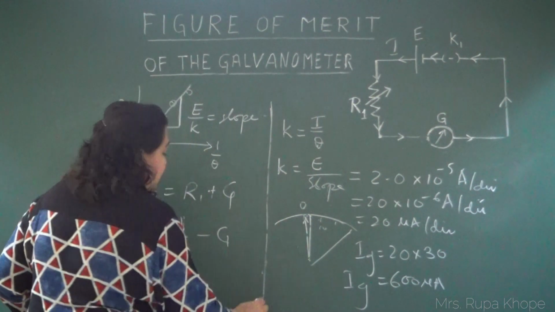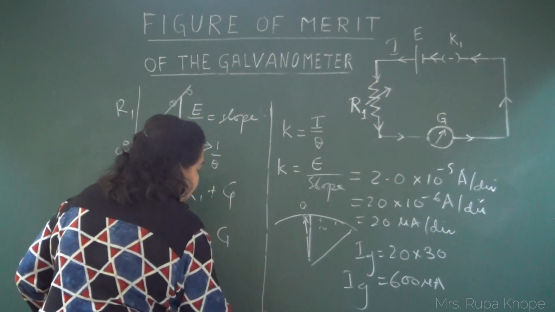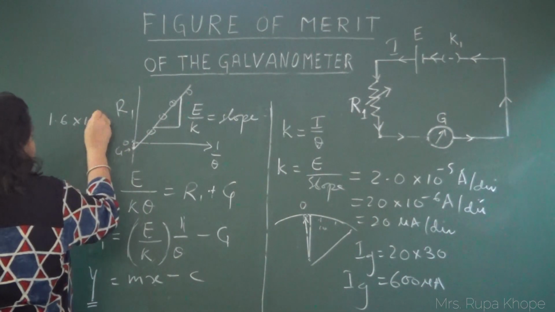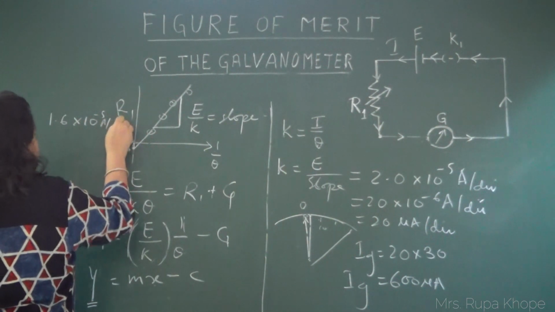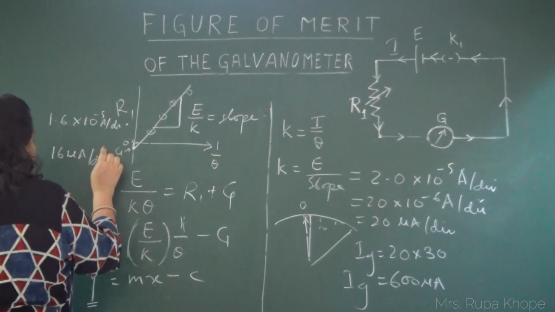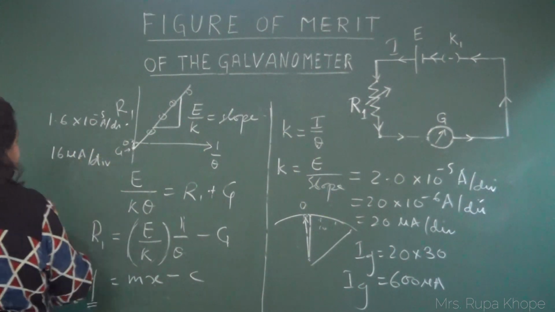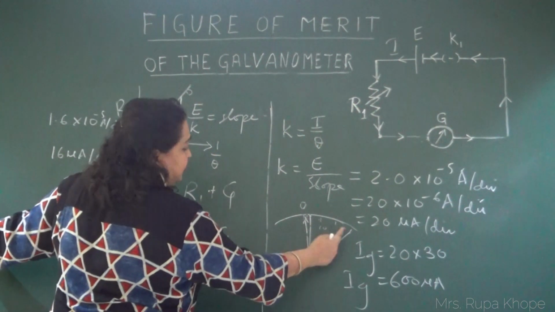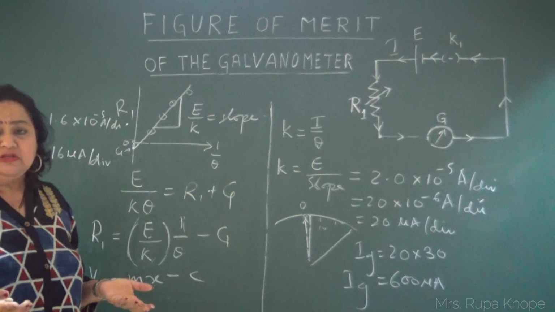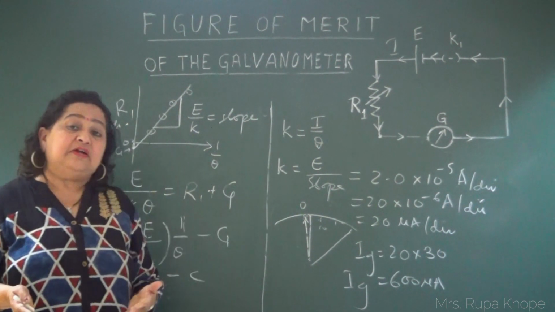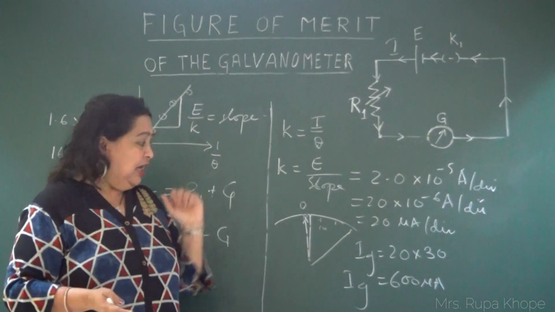See, I tell you the figure of merit of the given galvanometer is 1.6 into 10 raised to minus 5 ampere per division. So it is 16 microamps per division. 16 microamps for one division. So it will be 16 into 30, that is 480 microamps, full scale deflection. So you can find out how much is the current flowing in the given galvanometer.